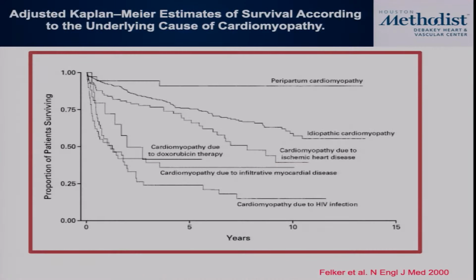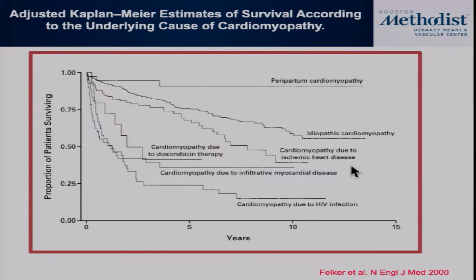One of the reasons that amongst non-ischemic cardiomyopathies it's important to go beyond simply saying, yes, there's no coronary disease, and to try to get an idea of what the underlying etiology is, is because we know from this publication over 20 years ago that all non-ischemics are not created equal, and there's a variable prognosis depending upon what the underlying etiology is.